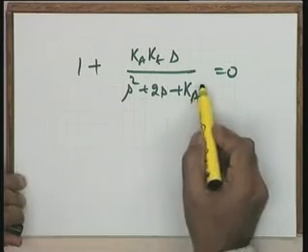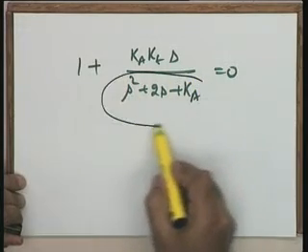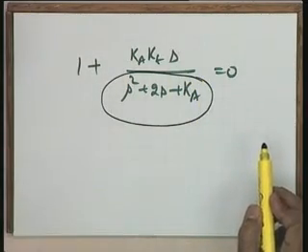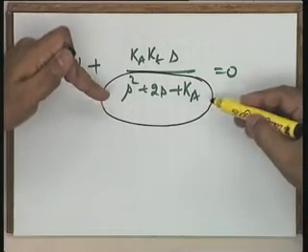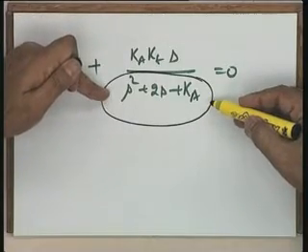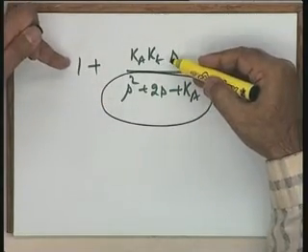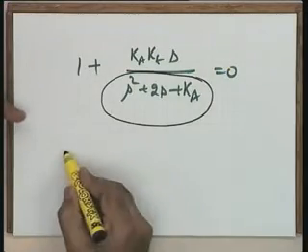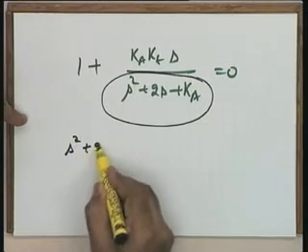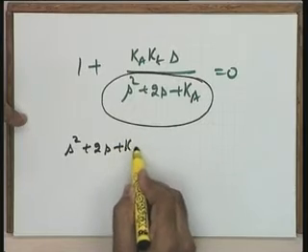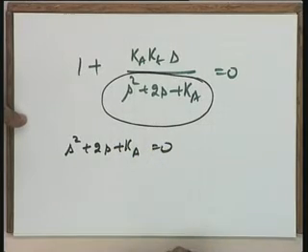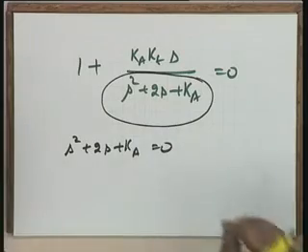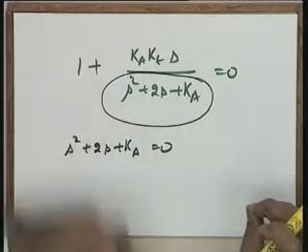First of all, you concentrate only on this denominator, which is a function of only one parameter, and you will note that the roots of this particular equation are the open loop poles of the total function, open loop poles. So it means first of all study s squared plus 2s plus ka equal to 0. Okay, this is a simple quadratic function, so you could easily get the roots.